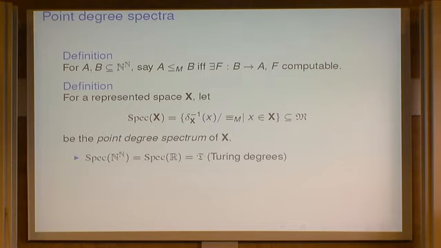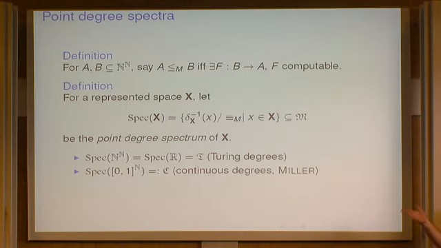For example, for Baire space and the real numbers, we get precisely the Turing degrees. For the Hilbert cube, we get a structure introduced by Joe Miller as the continuous degrees, and that's more or less how he defines them. A notion which has been around for much longer is the enumeration degrees, which you can consider as just the point degree spectrum of the power set of the natural numbers equipped with the Scott topology.